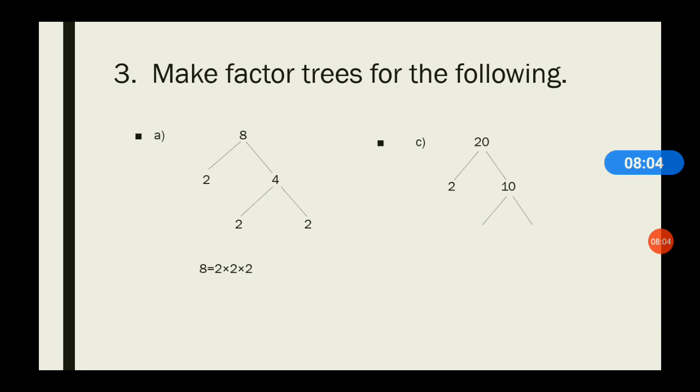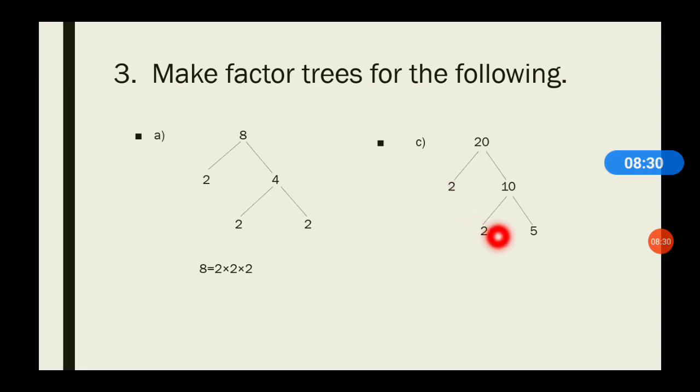Similarly for 20, you see 2 into 10. 2 into 10 is 20, right? So you have split that. 10 is a composite number, so split it into prime factors. 2 into 5 is 10.